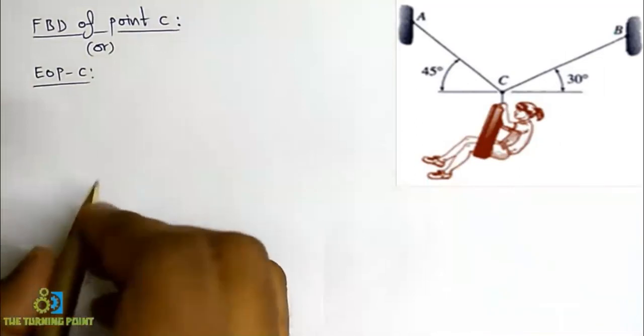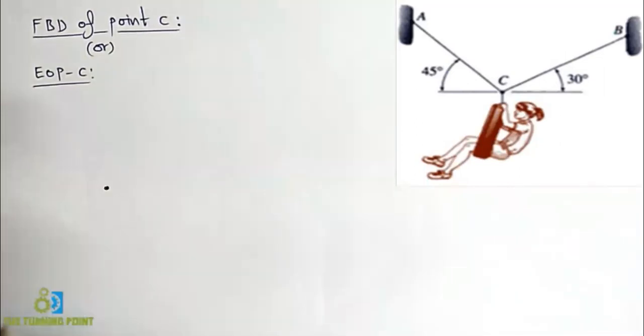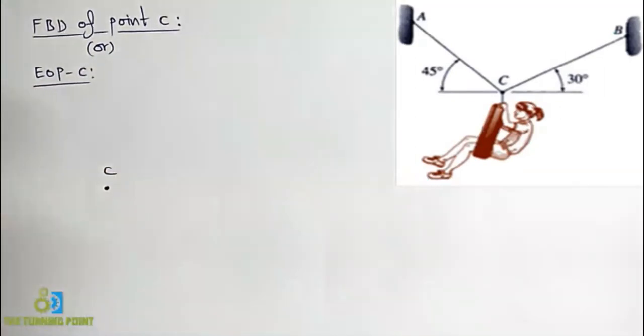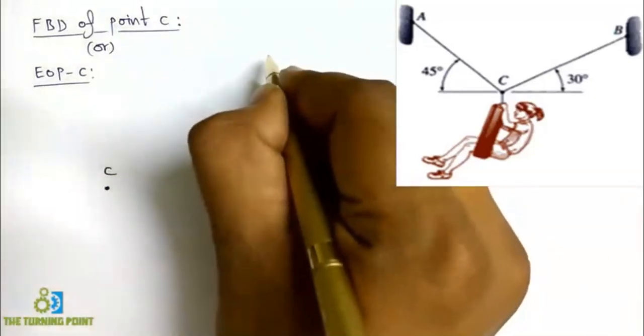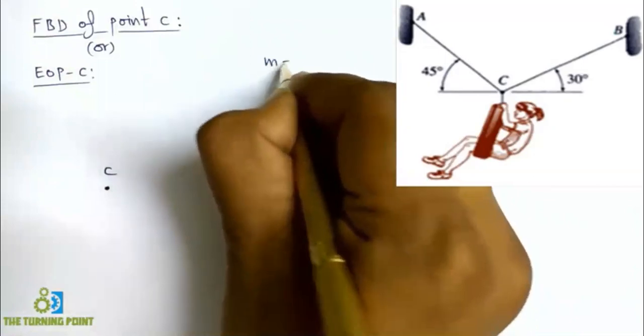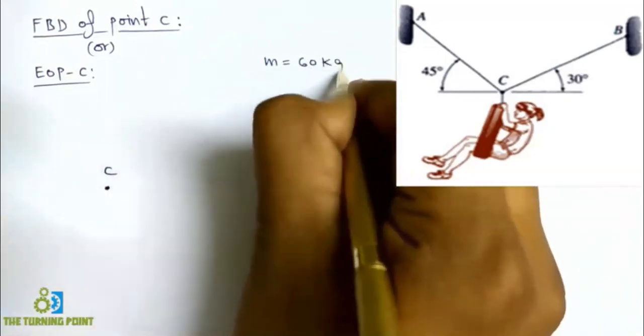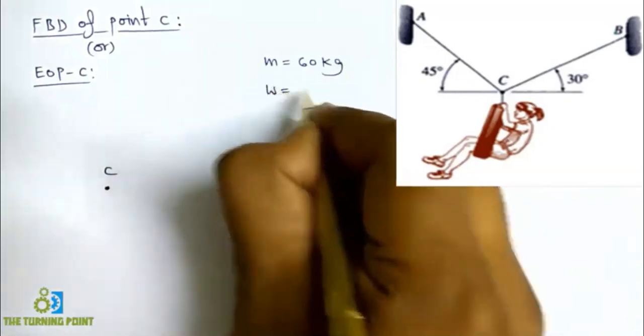So first let us denote that point. So this is the point C. From this point, the weight of the girl along with the tire is acting vertically downwards. That is given as 60 kg. So mass is given there, so you have to convert that into newtons. First consider the mass. Mass is 60 kg. So I know the relation between weight and mass.